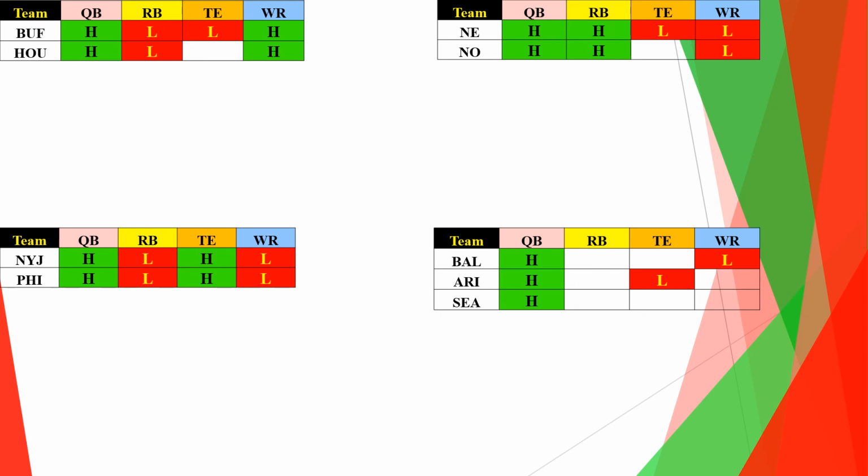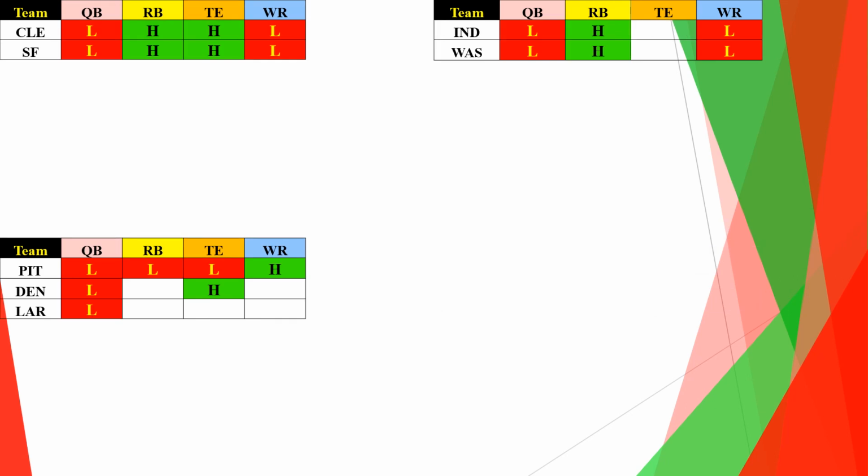Arizona and Seattle, kind of average on rushing, tight ends. Baltimore has wide receiver issues, low. So these figures may even be better for just some snapshots and tendencies here. Might be of some help to you out there a little bit.